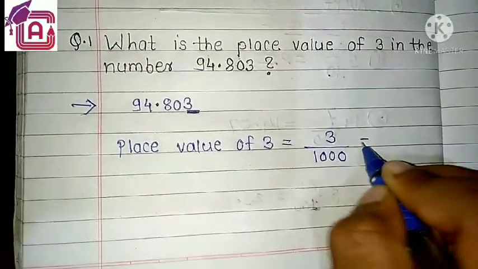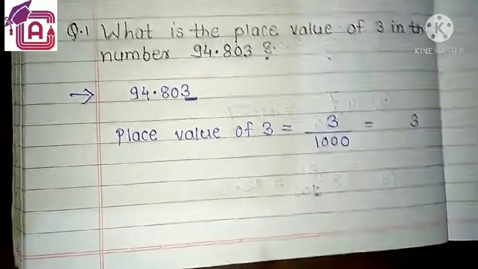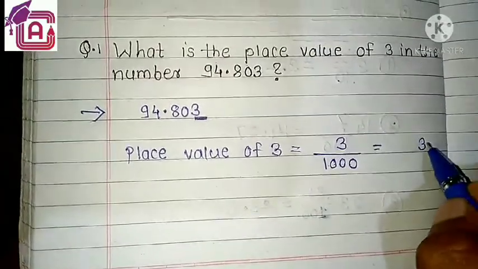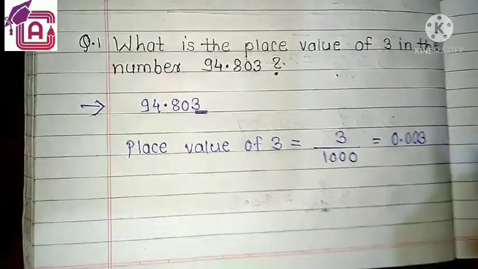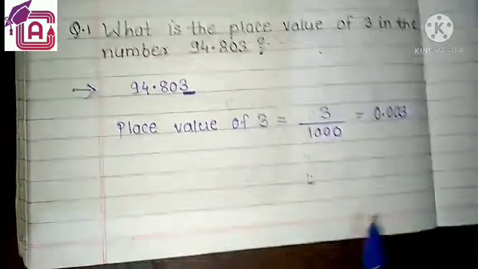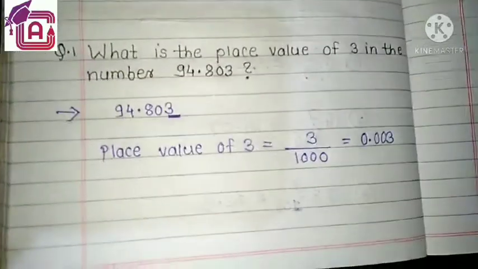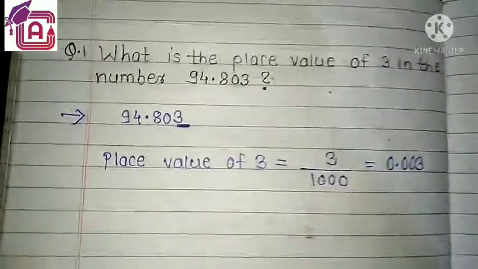And how we write this number? First write 3 here, then we have to leave 3 places from the right side. 1 2 3, then put 0, and again after the point we put 0. So 0.003 is the way of finding the place value of the number.